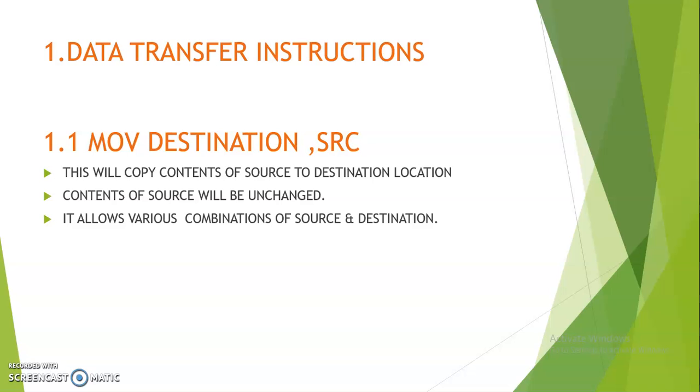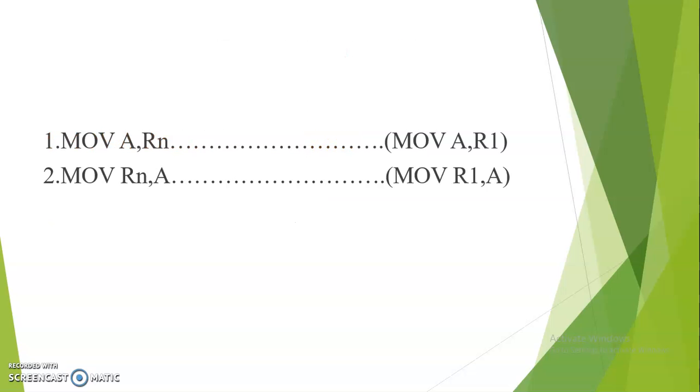It is the most flexible operation, so it allows different combinations of source and destination. Remember, friends, that there is destination first and then source. We will see all types of combinations of this data transfer instruction MOV.